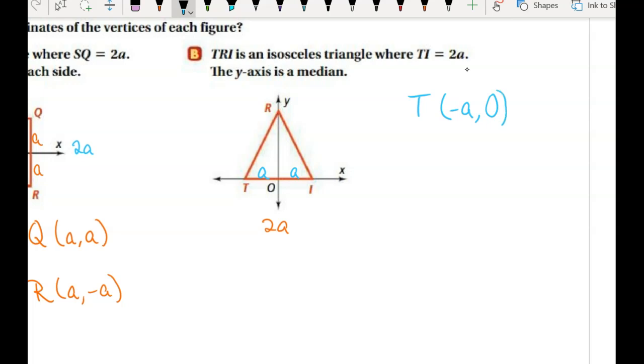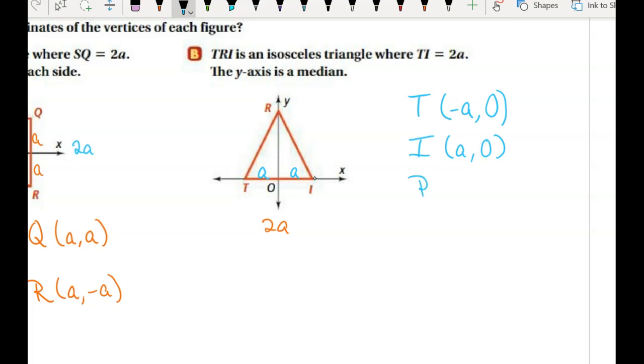So point T is going to be located at negative a and 0. Point I is going to be located from the y-axis. We go to the right, a units, so that's going to be positive. Do we go up? Nope. So we're going to have 0 here.